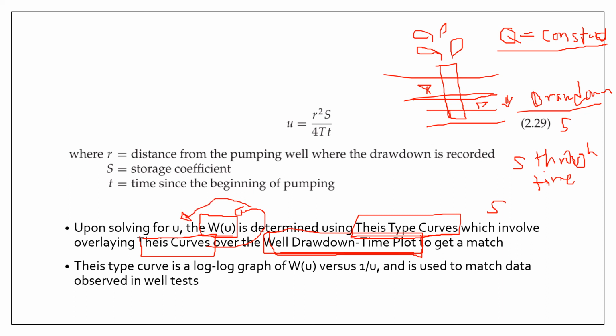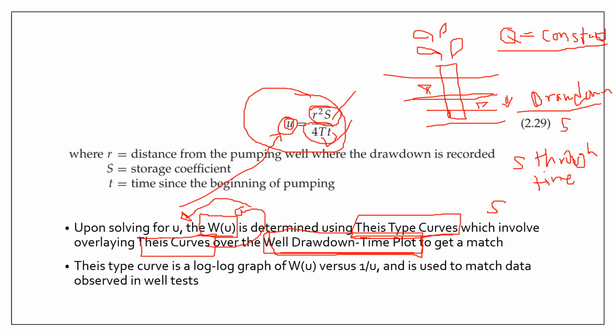All right, so we get those numbers, and then once we get u, we plug u into this equation, and then we start solving for the other well parameters like storage coefficient, transmissivity, and so on.